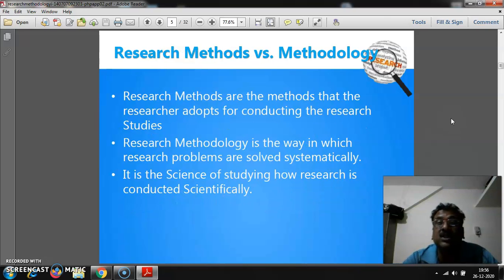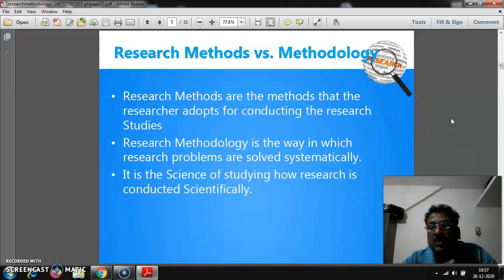Research methods and research methodology. Here you should not confuse these two words. Research methods are the methods that a researcher adopts for conducting research studies. But research methodology is the way in which research problems are solved systematically. So it is the science of studying how research is conducted scientifically.